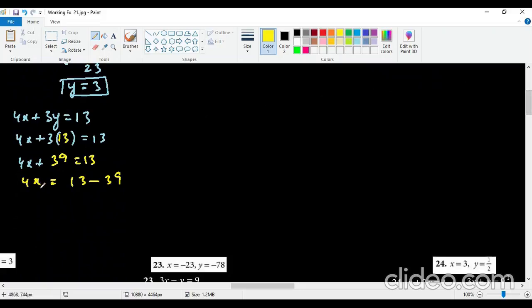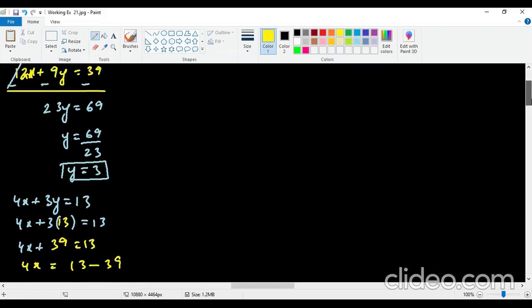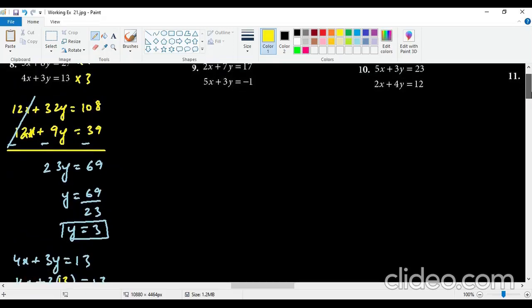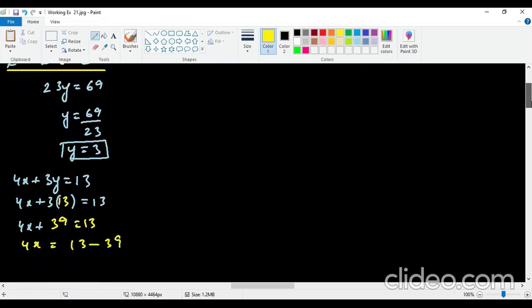So 4x, let's check if there is any mistake in this. Equation of 4x plus 3y equals 13, and the value of y is 3. It's not 13, it's a 3. Just a 3 is enough for this, because the value of y is 3. 3 times 3 is going to give us 9.